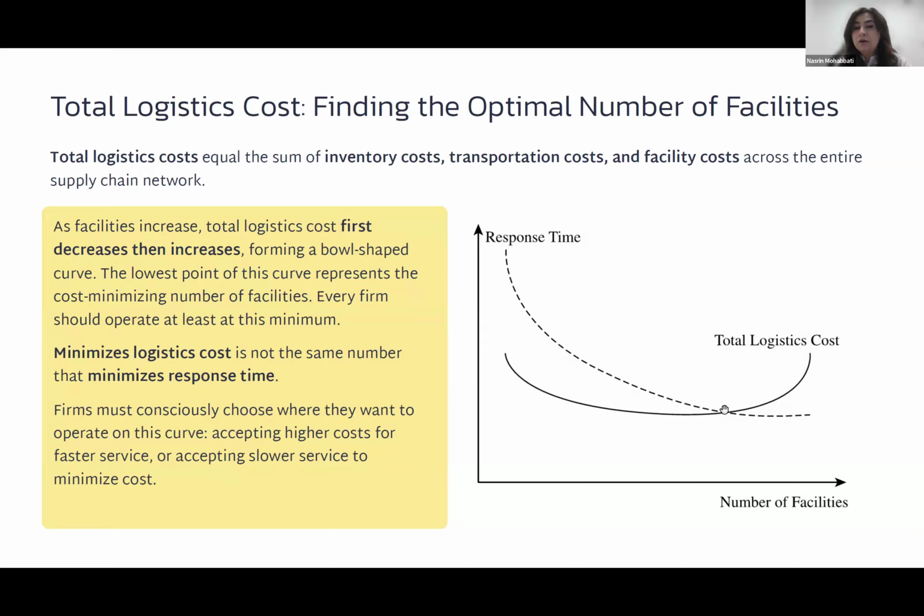Obviously, we can look for a point where the logistic cost is minimized. Maybe if the business is more cost efficient, they should go for it. But if the business is more responsive, then they might be okay with higher cost. And sometimes customers are paying that extra cost rather than the business itself.